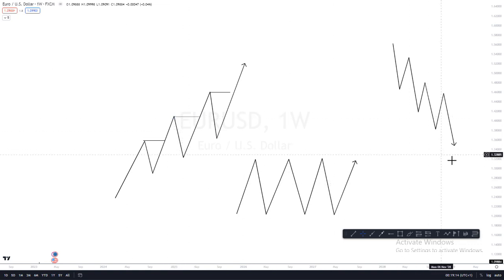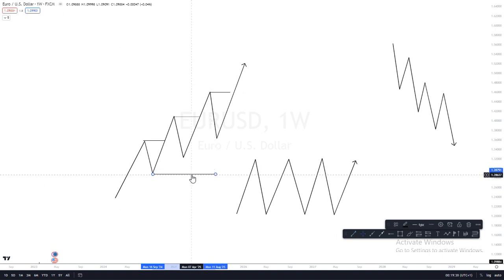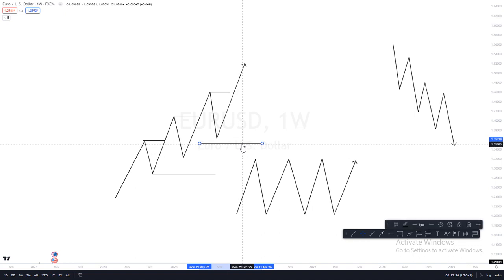This is what you basically need to do when you come to the higher time frame. You don't need a lot of work there. Once you identify your swing high, possibly you can still draw out your swing low, so you don't get yourself confused. This is our swing low in the market.